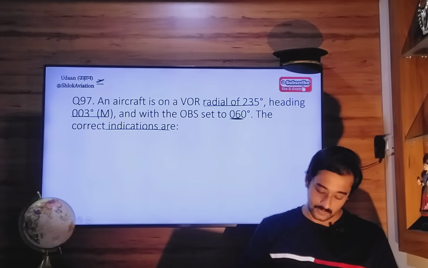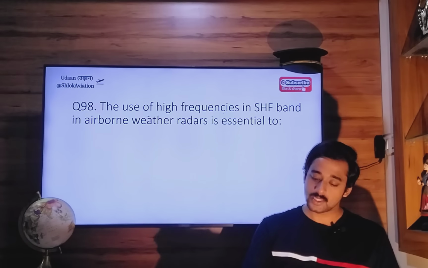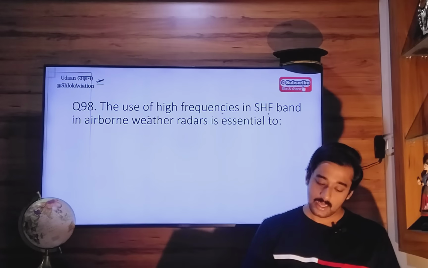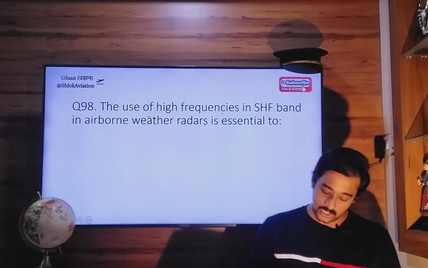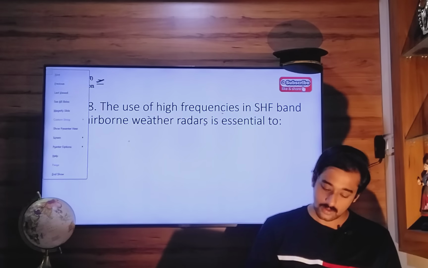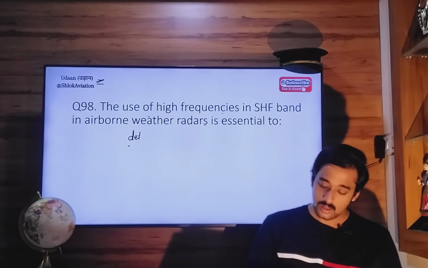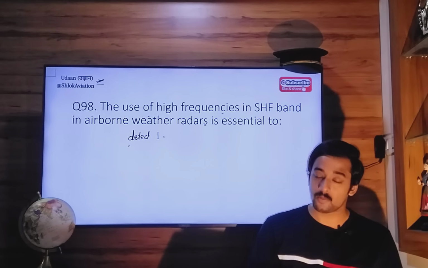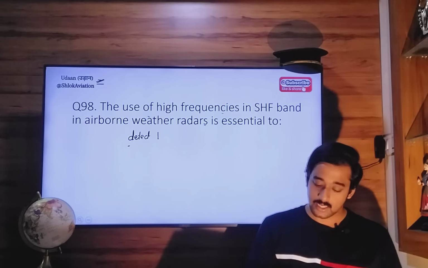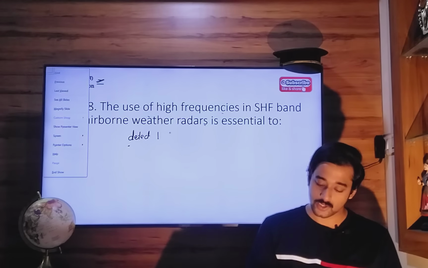Next. The use of high frequency in super high frequency band in airborne weather radar is essential to detect large water droplets. Now, large water droplets are associated with cumulonimbus or CB clouds, right?